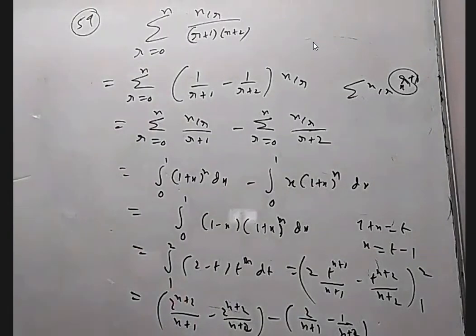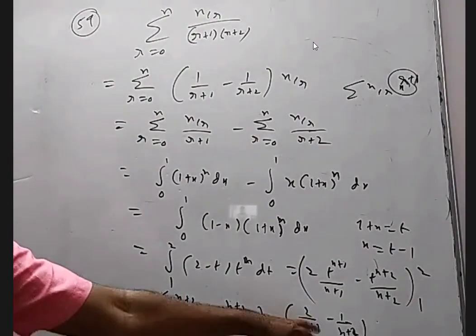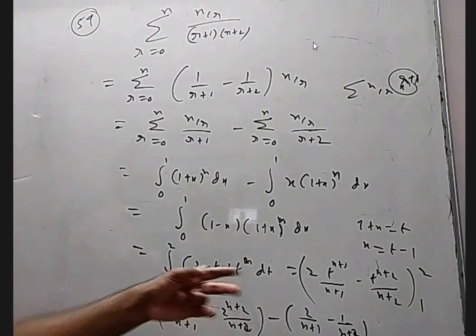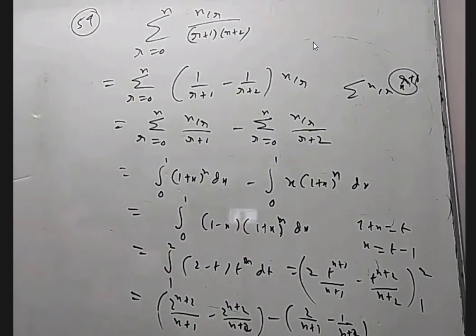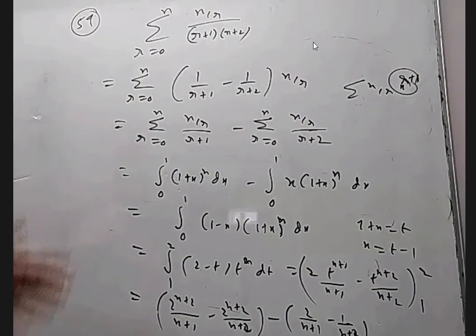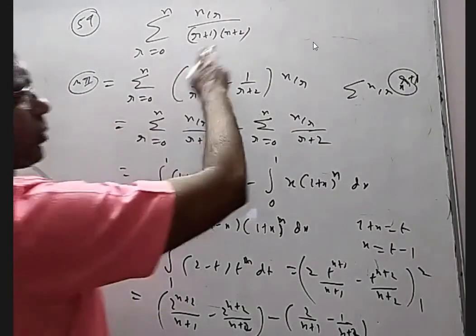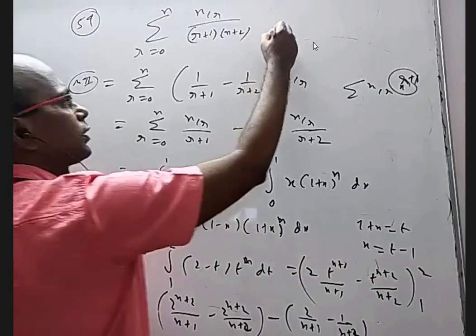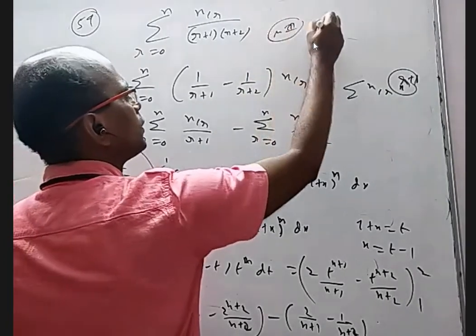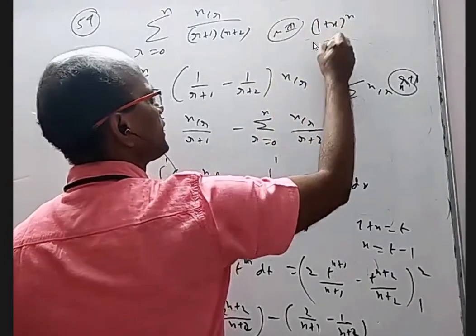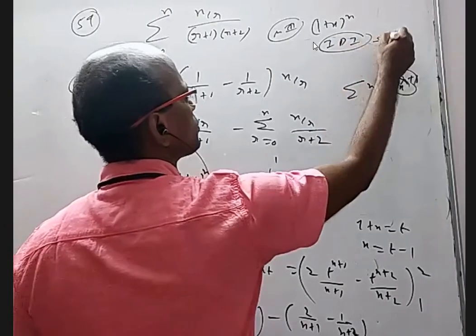We take 2 power n plus 2 common and simplify this. Here take the LCM and simplify this. The denominator is the same, and you will get the terms. This is method 2, but I also said already that you take the 1 plus x whole power n expansion. Method 3: do the indefinite integration of 1 plus x whole power n twice.